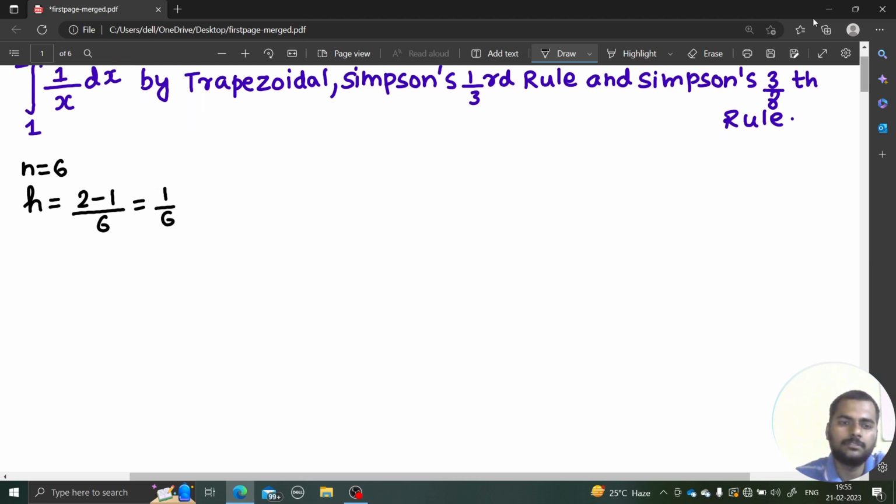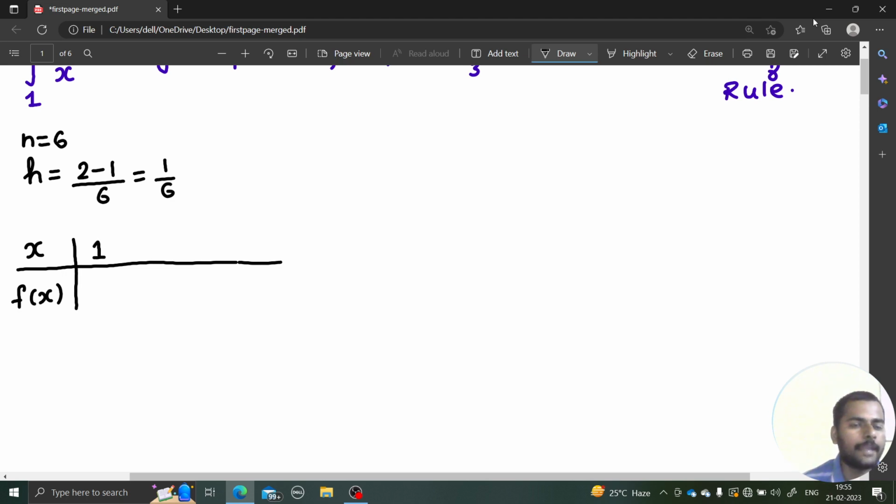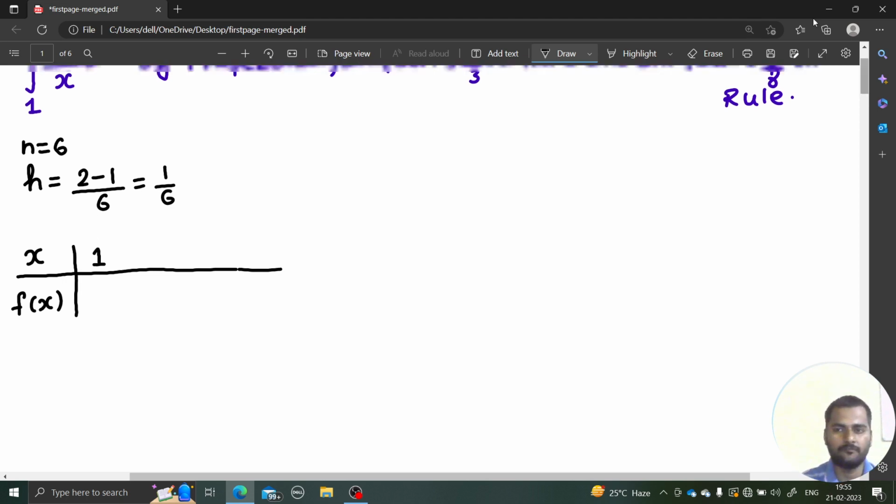Fine. So let's make a table. This is your x. There comes your f(x). We'll start off with 1. And the value of function at 1 is 1 only.